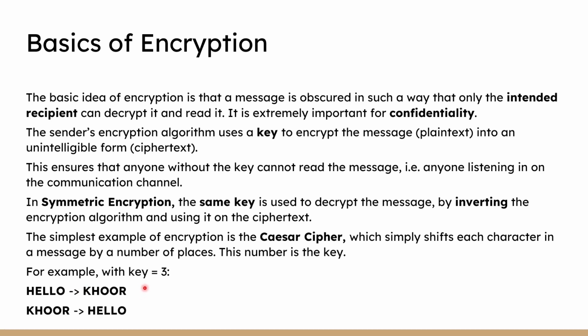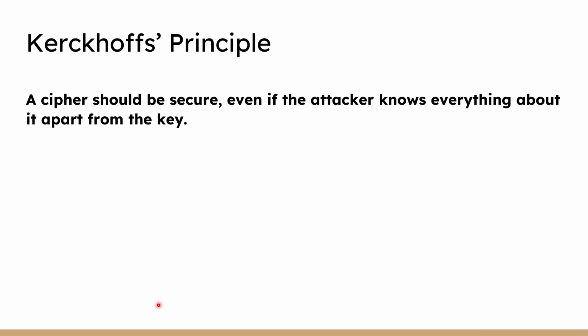On the other side, you do the same thing in reverse with the same key. So I go backwards 3 spaces from K to H, and you get the same thing. That's symmetric encryption.